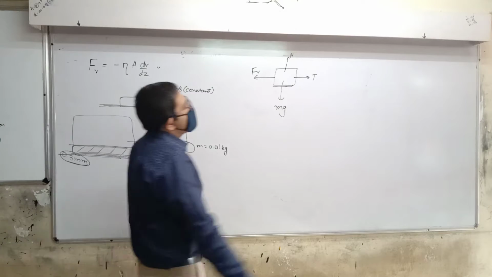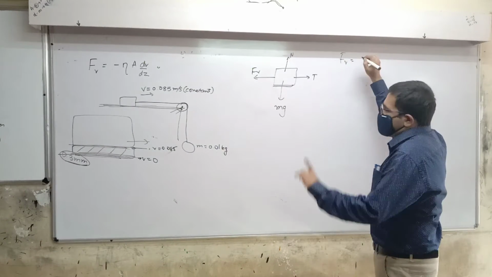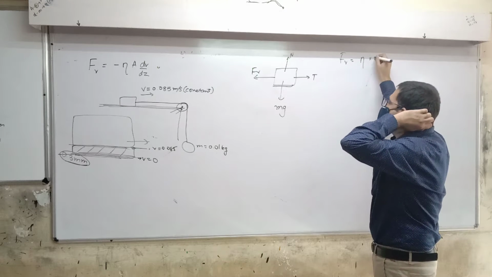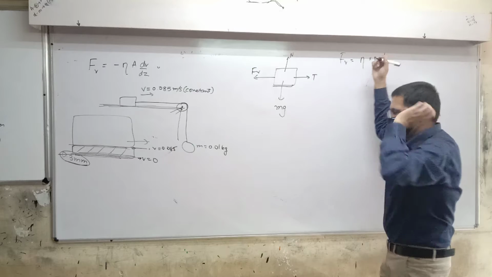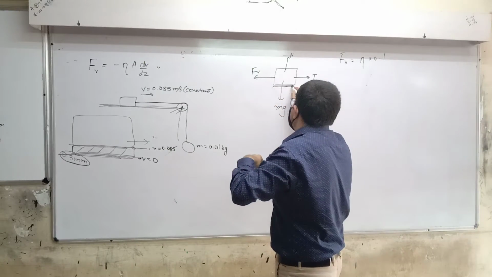So, do you agree that we can easily write that F3 is equal to, in magnitude only, eta into area, 0.1 meter square? I think that's the area of the block. Yes, the area of this bottom layer. You understand what I'm talking about?